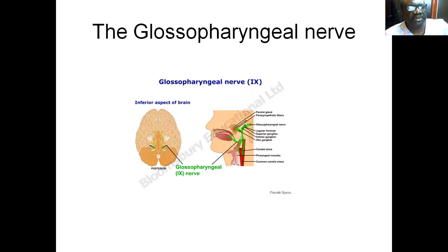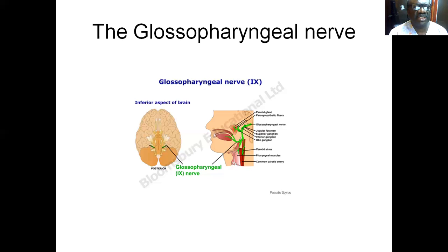The illustration in front of you basically is the inferior aspect of the brain, and it also shows the side of the face, and as such depicting the origin of the glossopharyngeal nerve from the medulla oblongata and the distribution of the glossopharyngeal nerve.